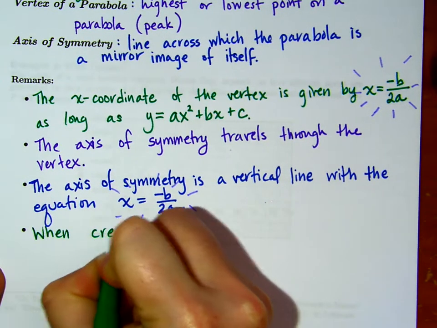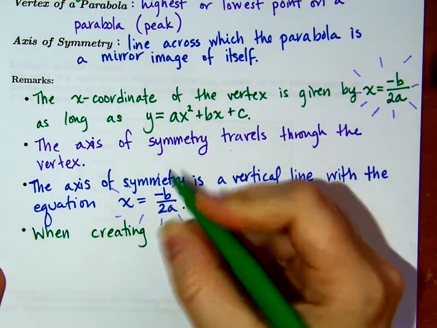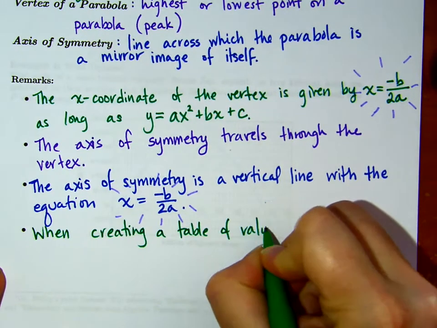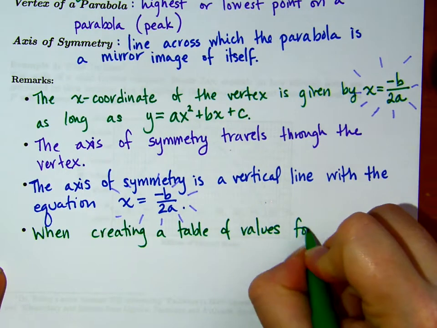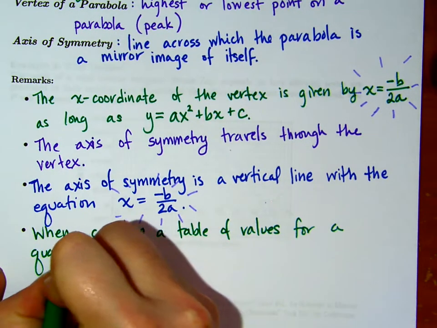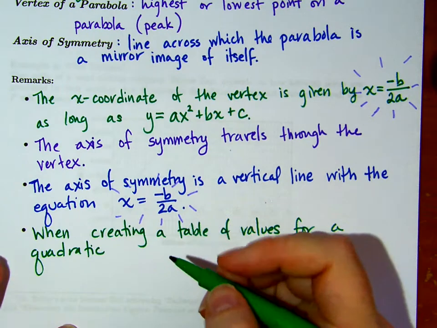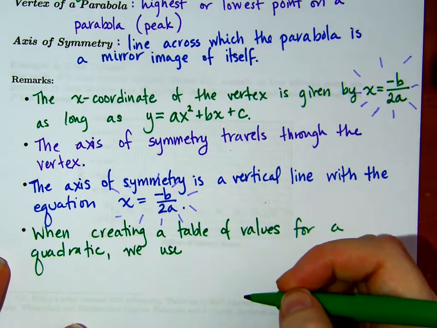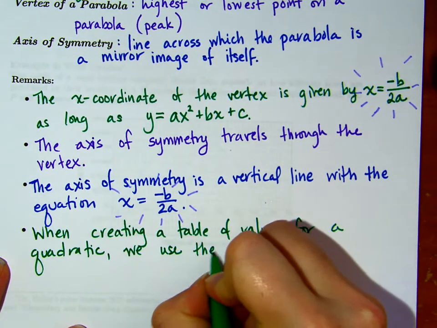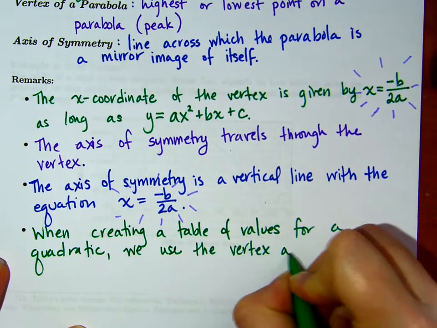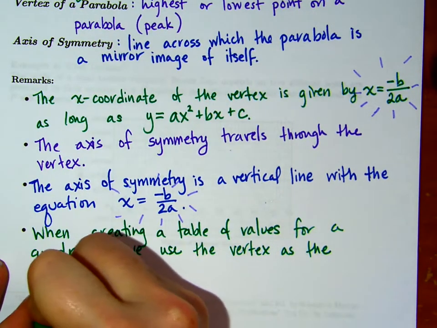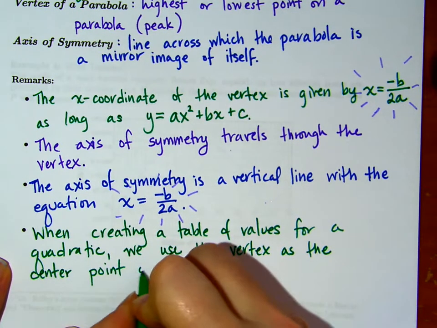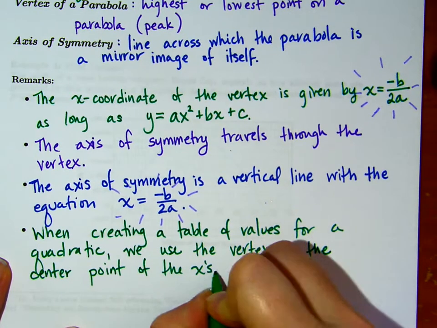So when creating a table of values for a quadratic, we use the vertex as the center point of the x's.